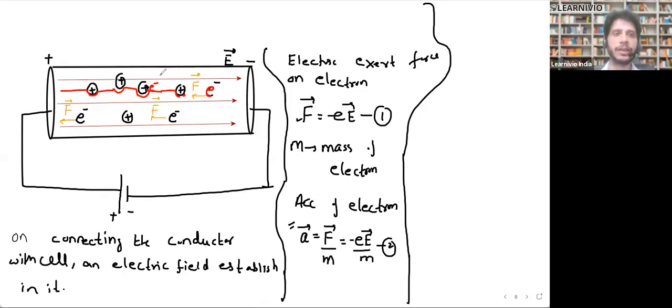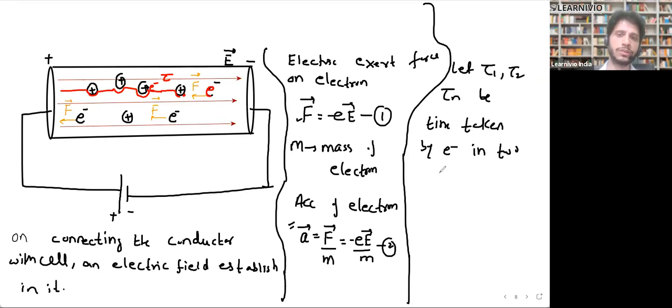Now, between any two collisions, obviously the electron will take some time. It collides with one ion, then it collides with another ion. So the time taken between two collisions is tau 1, tau 2, tau n. Let tau 1, tau 2, tau n be the time taken by an electron in two successive collisions.